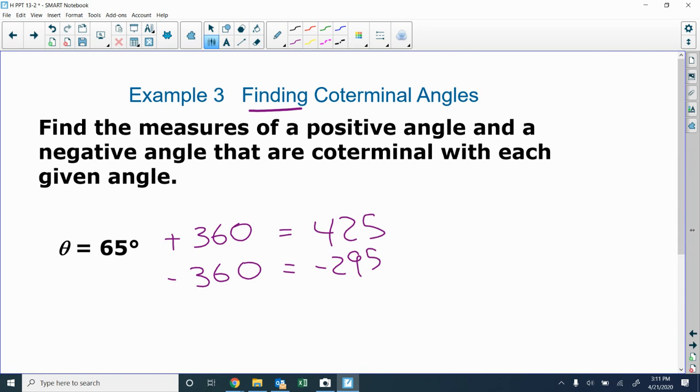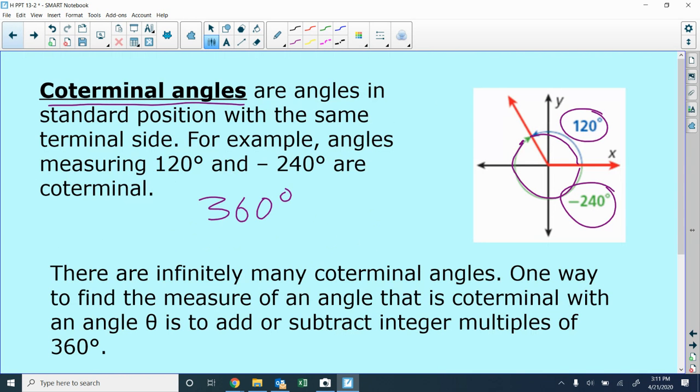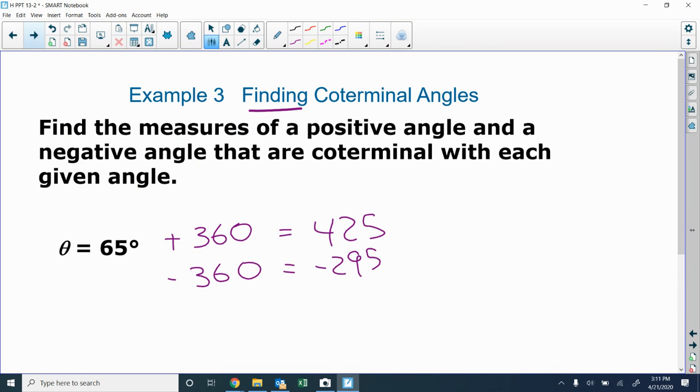360 apart. If I go back to this guy right here, this helps you see really what coterminal means. They're sharing this terminal side here. That can be anywhere on this circle where they're sharing that side, 360 apart.